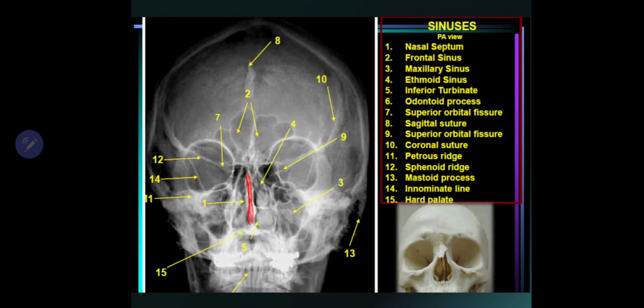And then you have the maxillary sinus. This is the area of the maxillary sinus. This is the maxillary sinus. And later, now we are going to the ethmoid sinus. See, this is the area of the ethmoid sinus.